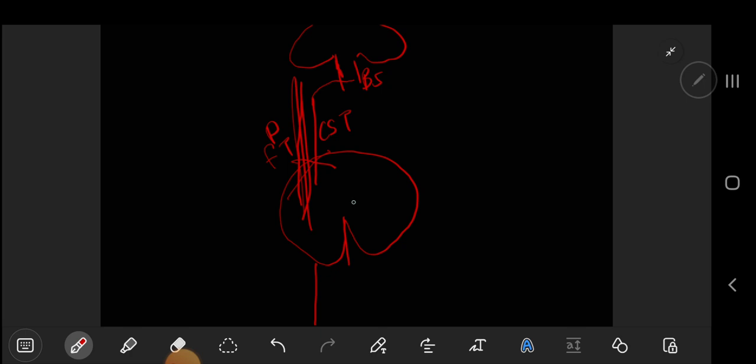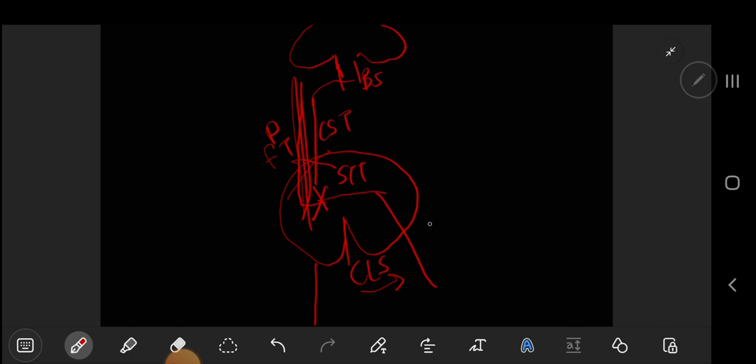Now, in contrast to this, the spinothalamic tract crosses at the same level. The spinothalamic tract enters the spinal cord and then crosses. It crosses at the same level, so damage here will make a difference on the contralateral side.